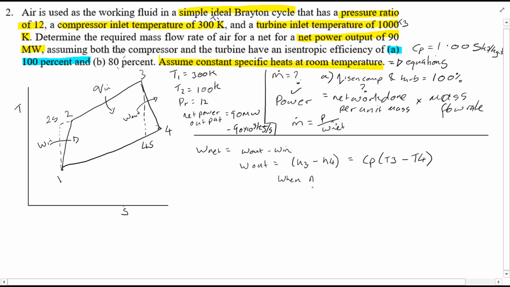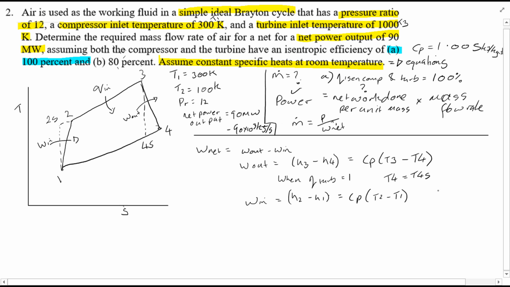Now, when the isentropic efficiency of the turbine is equal to 1, then we know T4 is equal to T4S. And similarly, we also want to find work in, which is equal to H2 minus H1, which is equal to Cp(T2 minus T1).